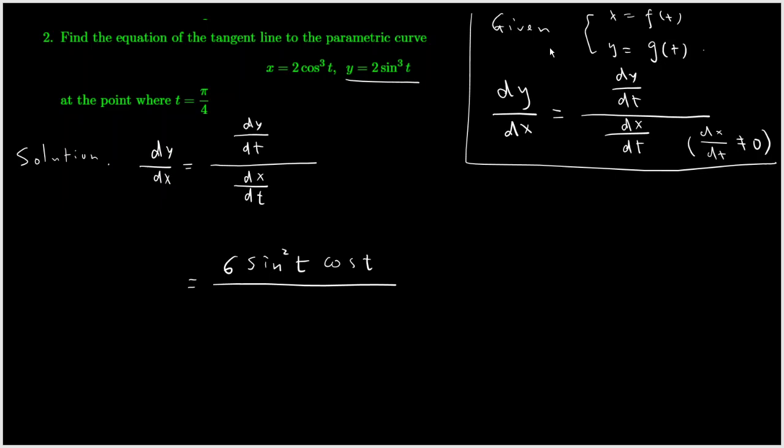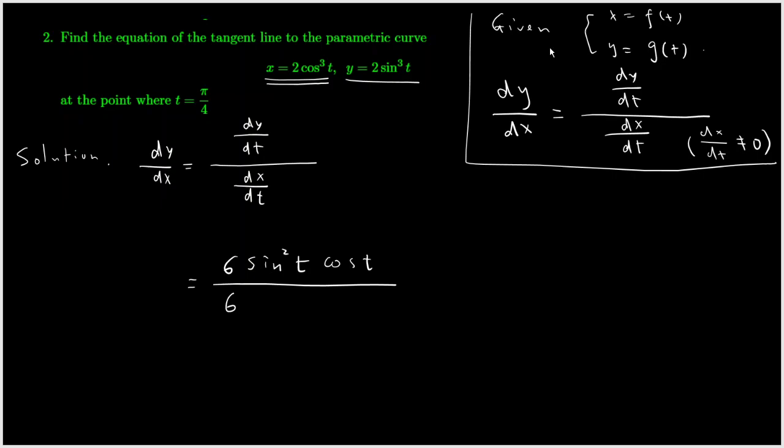Now, the denominator is the derivative of x with respect to t. So you have to differentiate x with respect to t. For the same reason, it's 6 times.